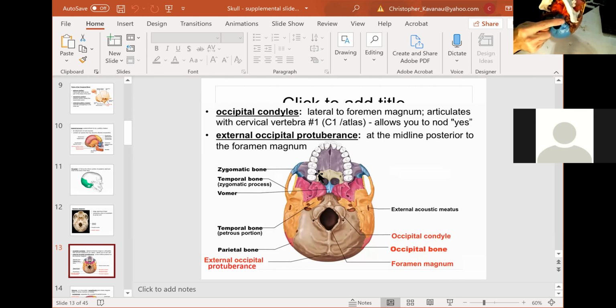Okay, the occipital condyles. A condyle is like a convex rounded surface, and that forms your yes joint. So as it rocks, the skull rocks on C1 like this. See from above. So I'm turning it inferiorly so you can see where it articulates with C1 and enables you to like nod your head yes. Okay, all right.